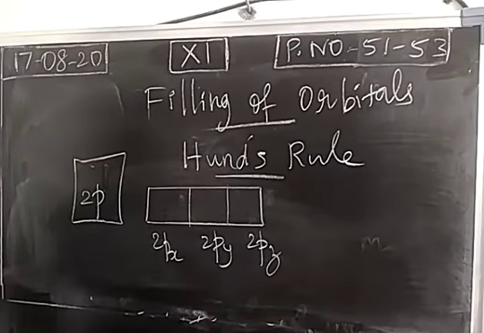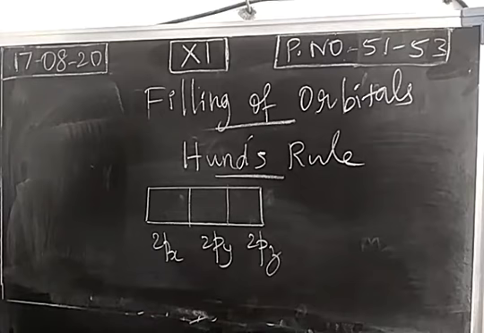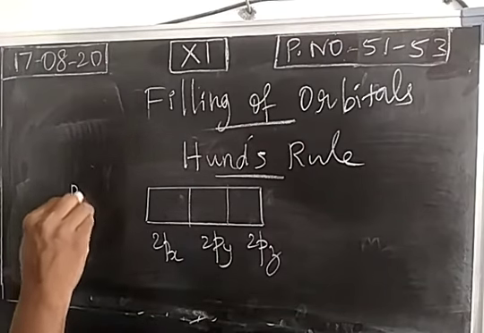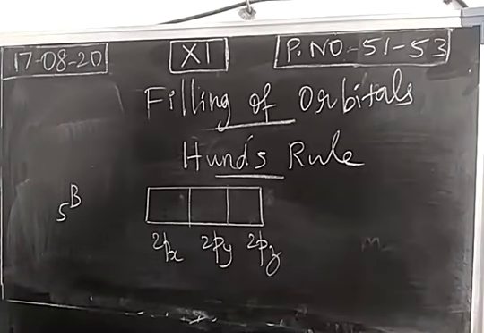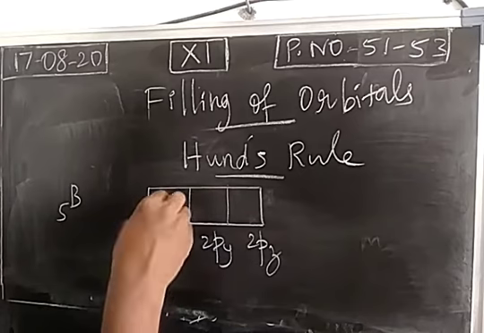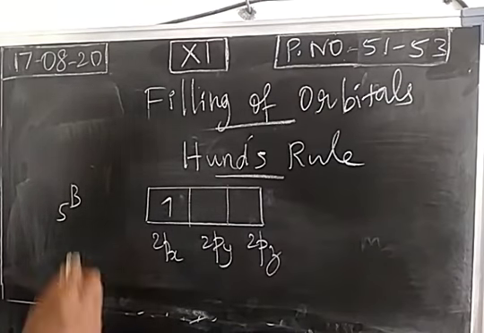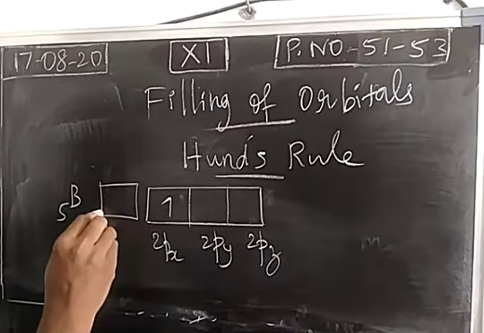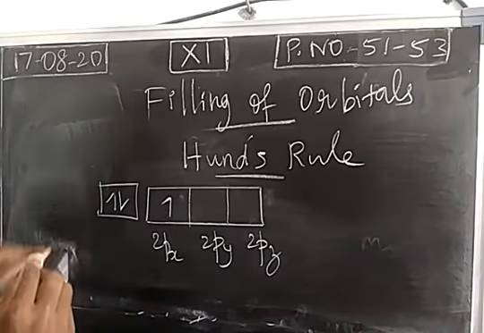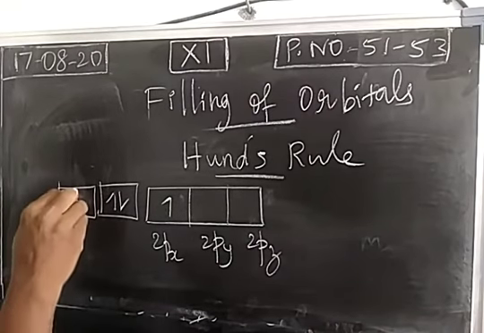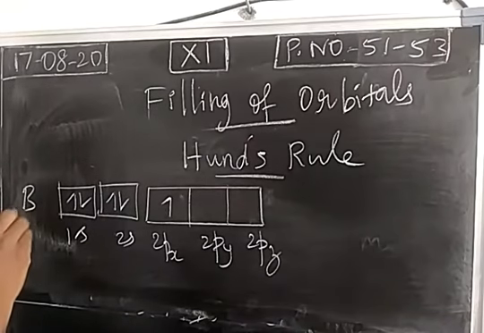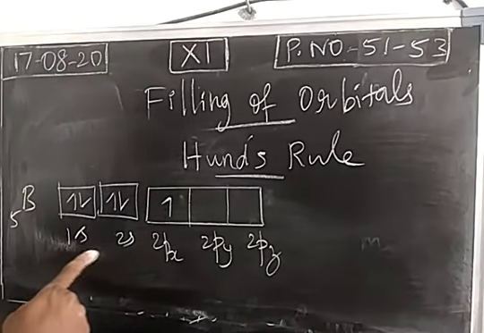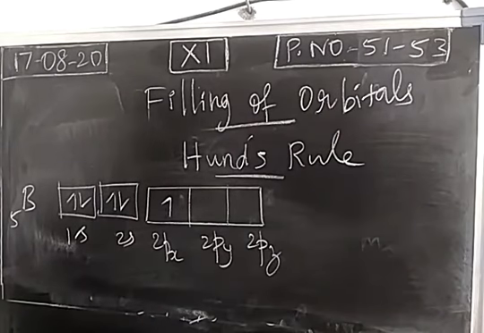Now take boron. What is the electronic configuration? 1s2, 2s2, 2px1. Isn't it? If you take boron with atomic number 5, 1s2, 2s2, 2px1.